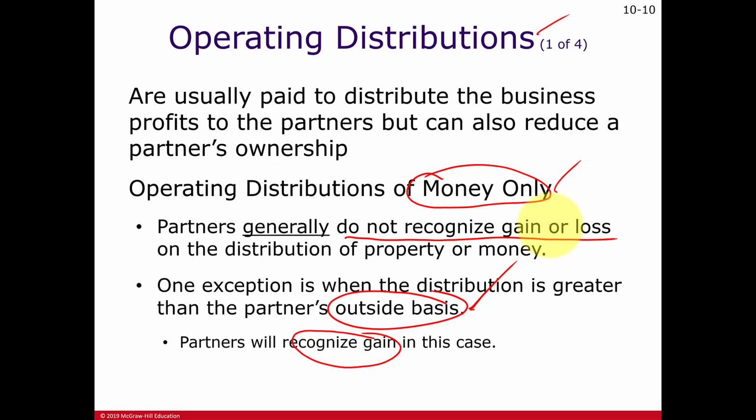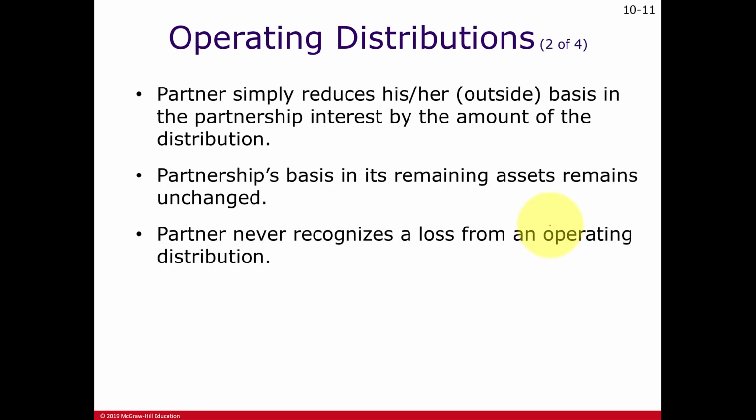The outside basis cannot go below zero. And that's summarized here. We don't recognize any losses on operating distributions. There could be a loss if it's a liquidating distribution to the partner, but here it's not liquidating.